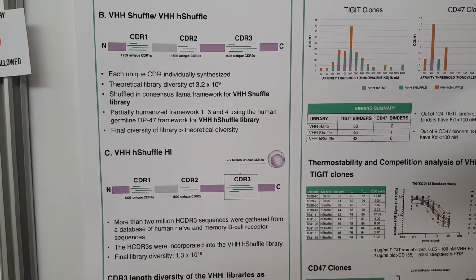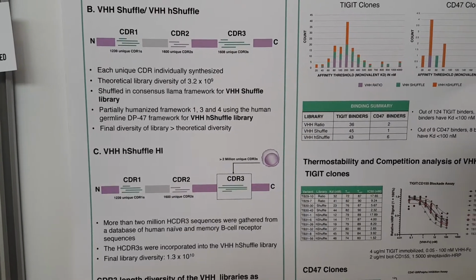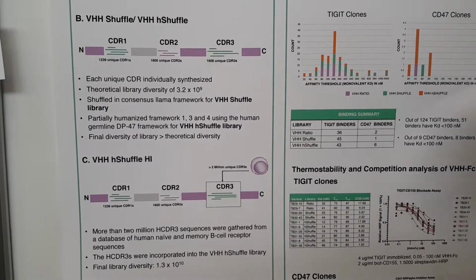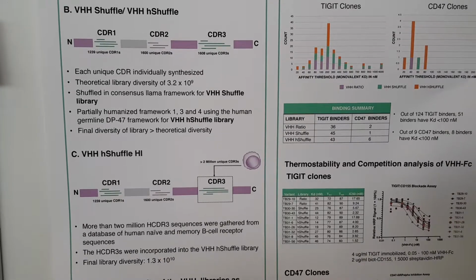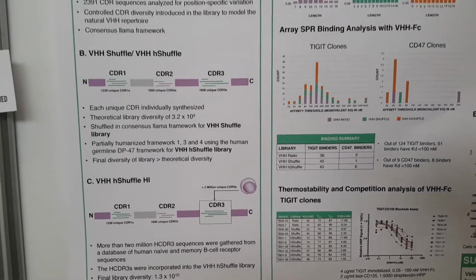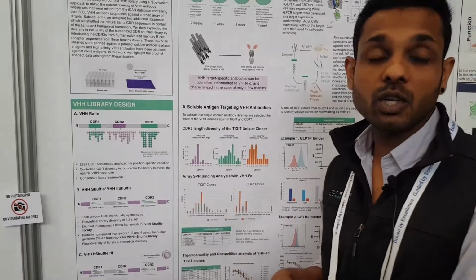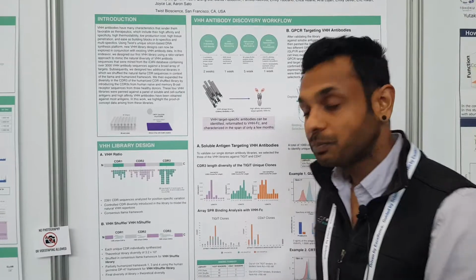We allowed each CDR1 to be paired with each of the CDR2s and each of the CDR3s, and we built a library which we call the shuffle library. You can imagine it as going a step beyond where people have used light chain shuffling approaches. Here we are showing that we can use a CDR shuffling approach to build phage libraries.